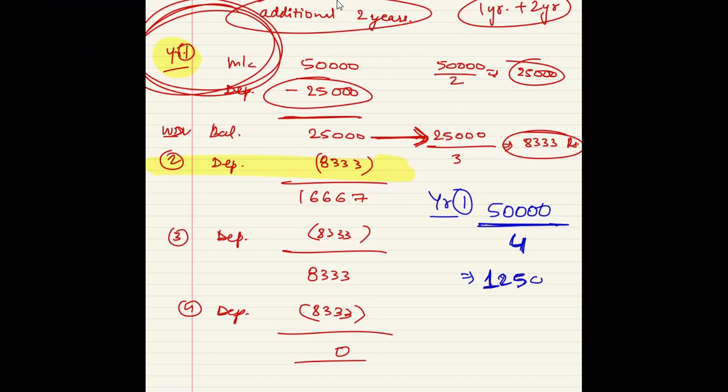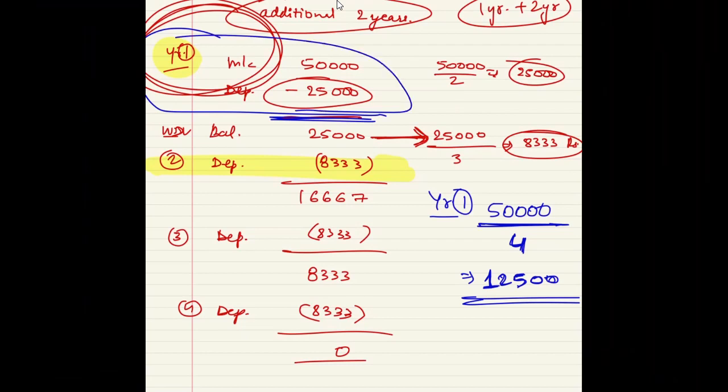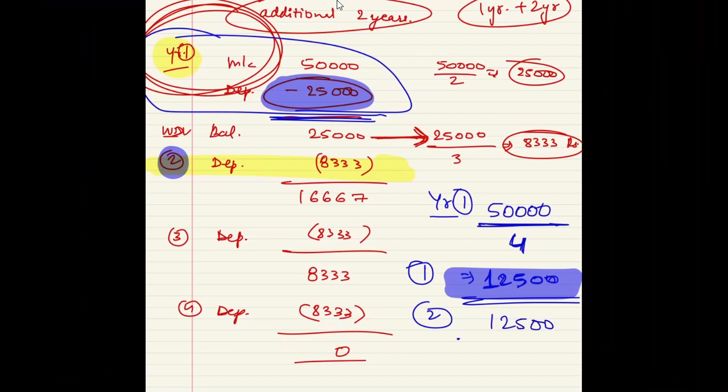It should be 12,500. Now we are currently past 1 year and we have charged the depreciation of how much? 25,000 I've already charged. As per the revised calculation, in the first year 12,500 should be charged. In the second year again 12,500 would be charged. So in total 25,000 depreciation should be charged by year 2.